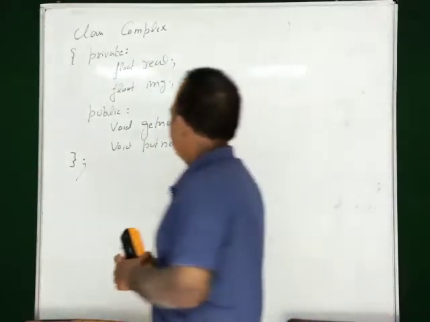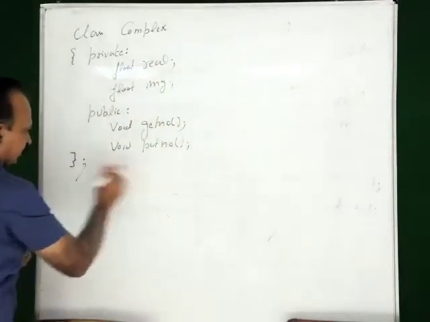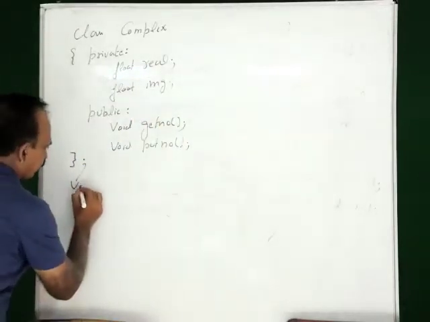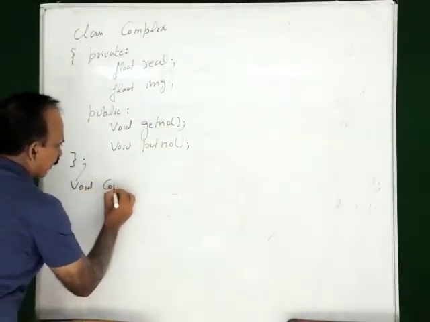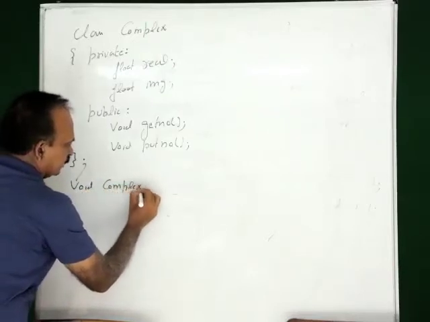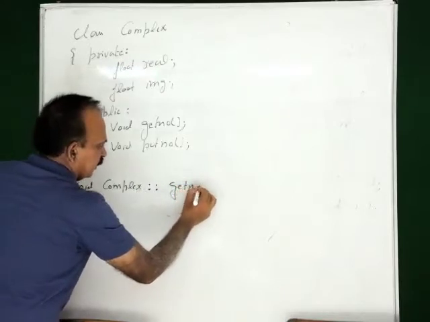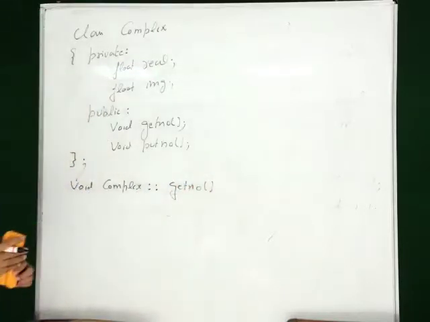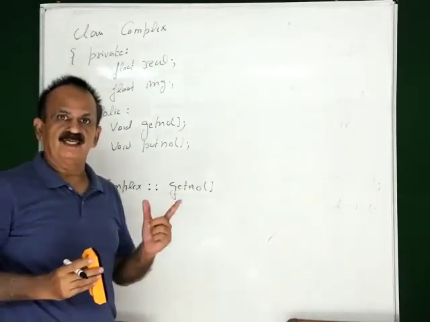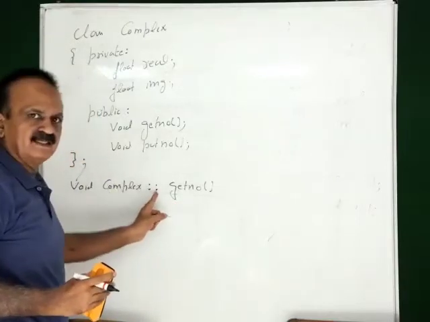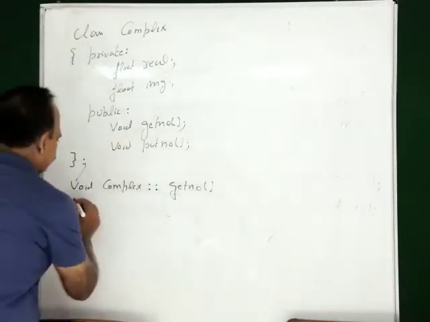Now I write the definition of these functions. It is say void, complex, scope resolution, and get number. It is very clear. I am defining it outside the class. That is why I need this scope resolution operator.